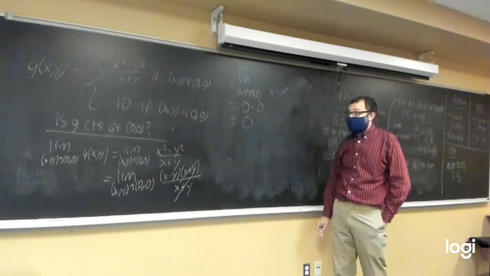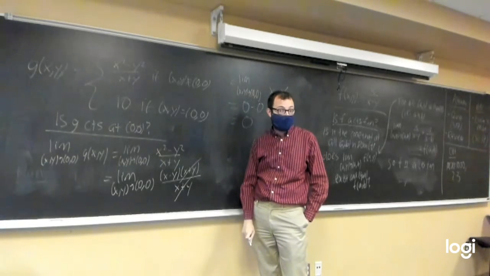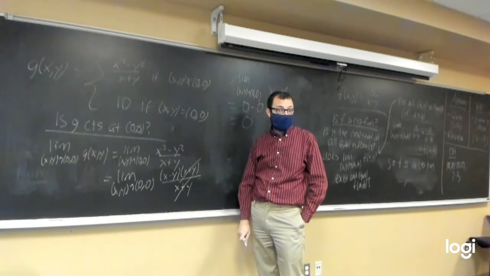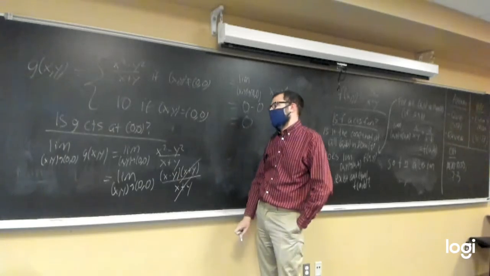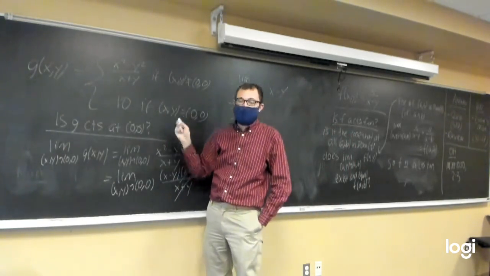Olivia, what do you think? Is this function going to be continuous at the origin? No, because it doesn't approach 10. Yeah, it's because the limit as xy approaches 0, 0 isn't the same as g of 0, 0.